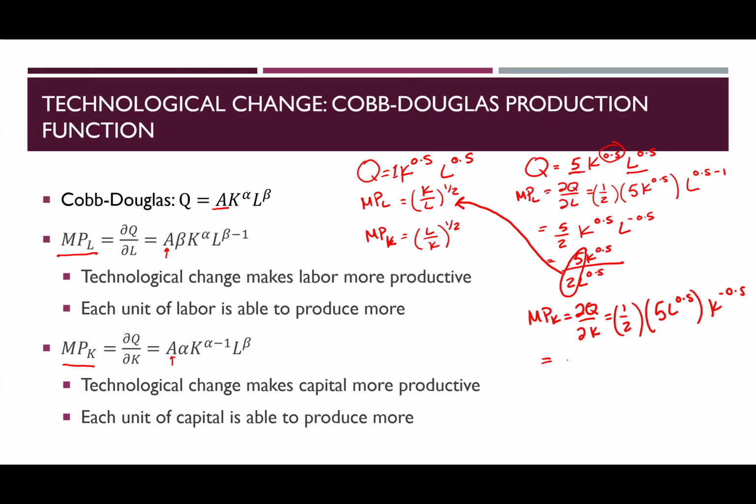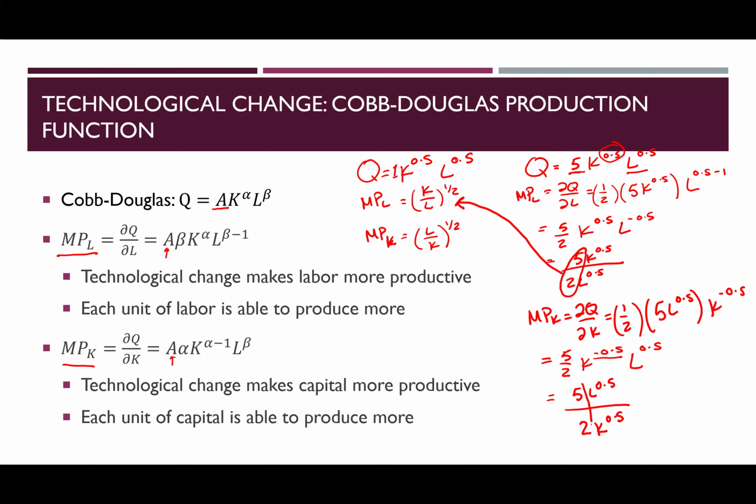We can rewrite this similarly to what we did before as 5 halves times capital to the negative 1/2 times labor to the positive 1/2. And since that capital has a negative exponent, move it into the denominator. So we'll have 5 times L to the 0.5 power over 2 times K to the 1/2 power, right?